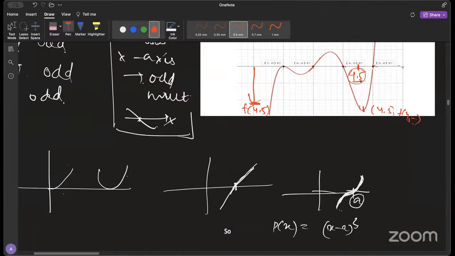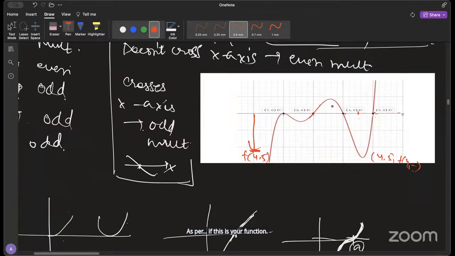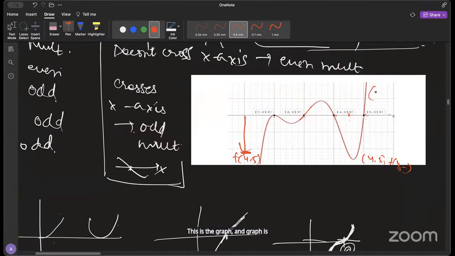So at 4.5, your value should be negative, right? As per this graph, and a graph is what? It's a collection of x comma f(x) points, right?